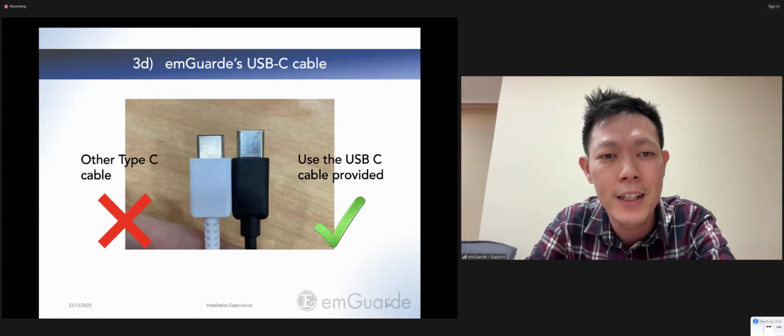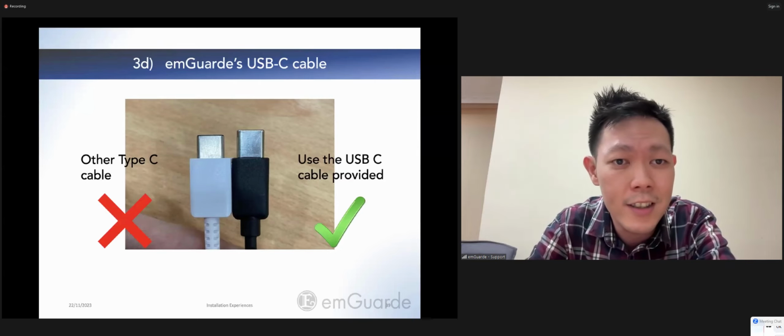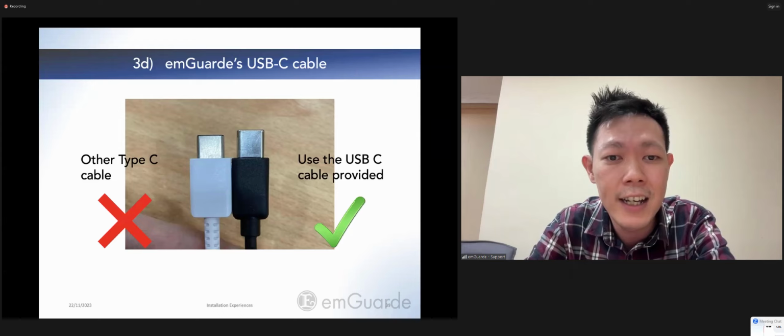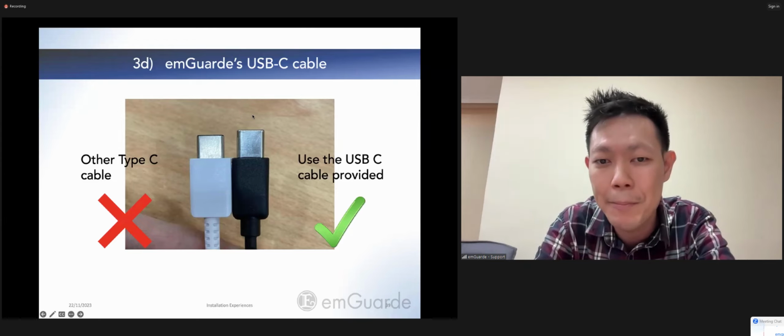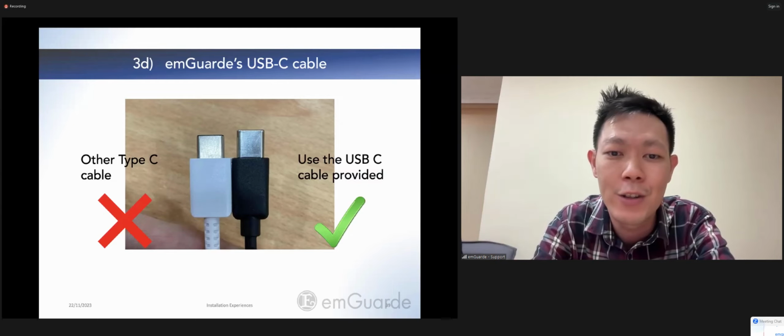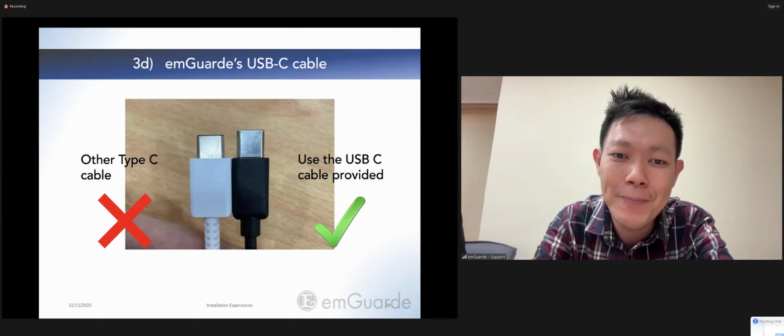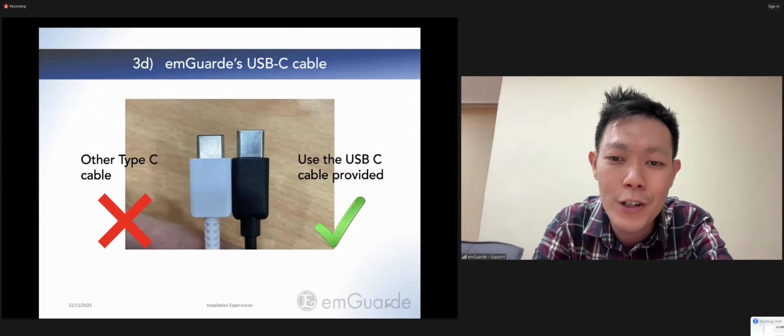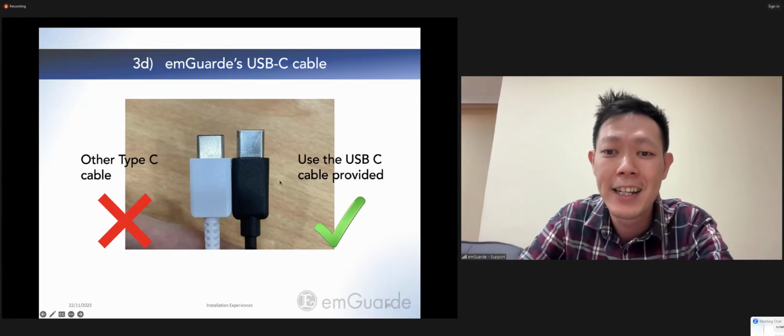Okay, the fourth one, 3D, is that a lot of people think that our type C cable is the same as their Android phone's type C cable. It is not. Actually, our emGuarde original cable is longer.